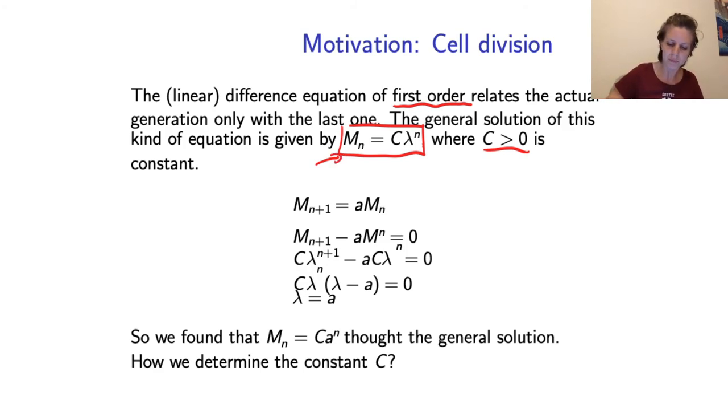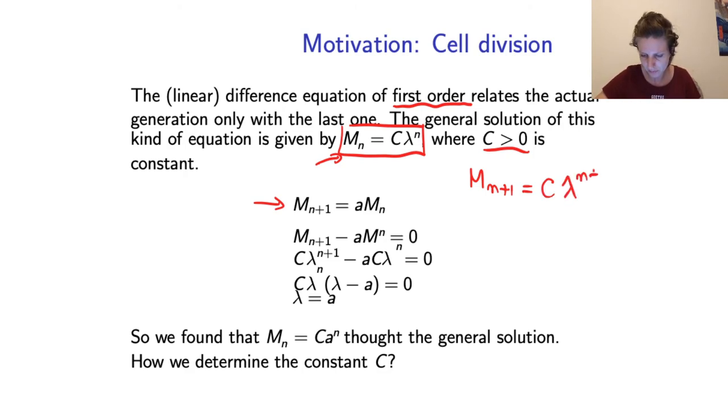So if we take our equation and substitute this, here n plus 1 will then be C times lambda to the n plus 1, right? Then we substitute this here, and also substitute for m n.